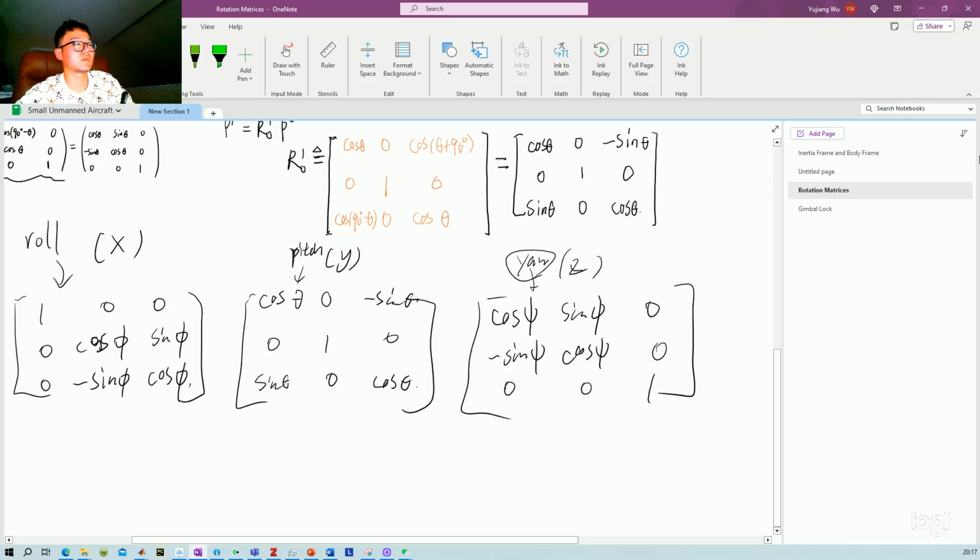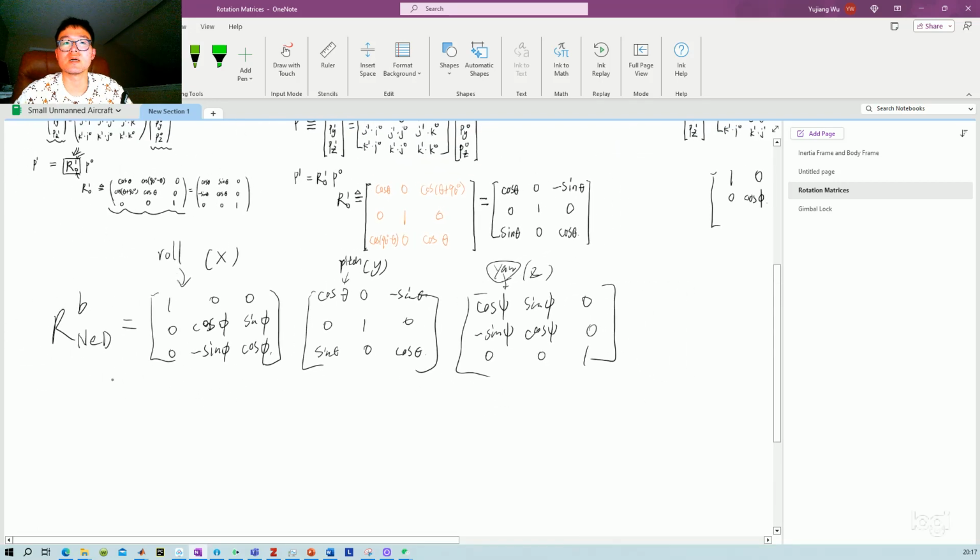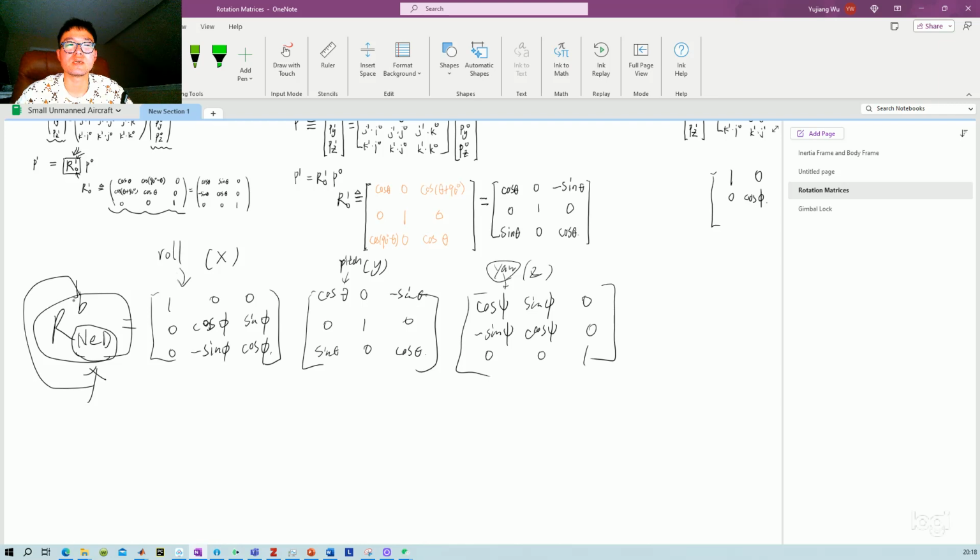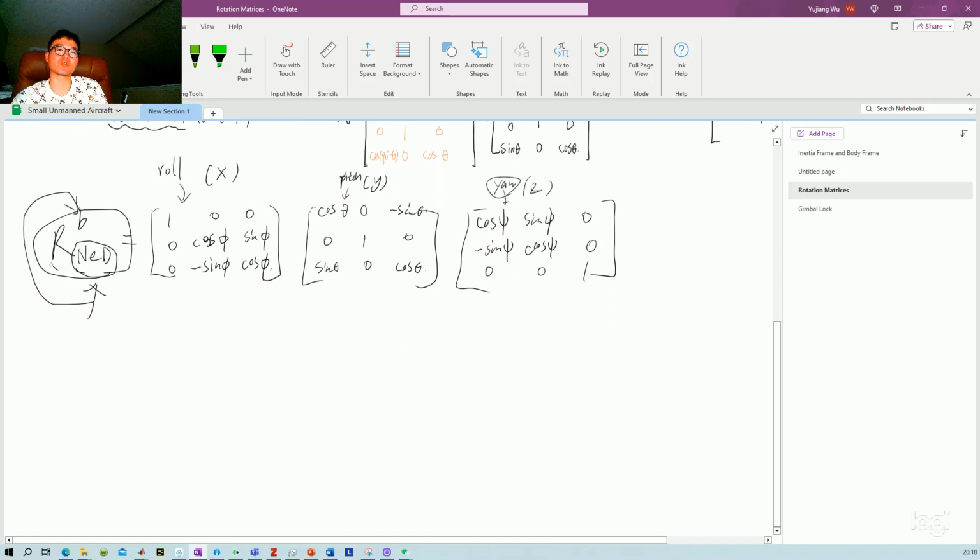So this is a rotational matrix that will convert any vector inside the inertia frame to the vector inside the body frame. This is just rotation.